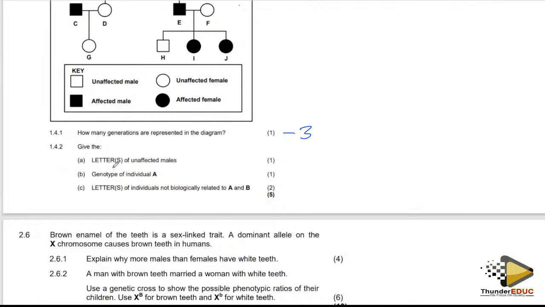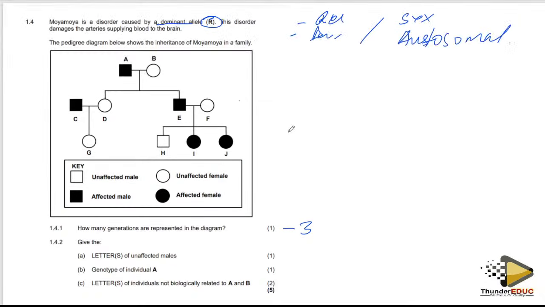Give the letter, sometimes letters, of an affected male. Now, sometimes we give you a key, which means you have to take note of it and know whether it is caused by a dominant allele or a recessive allele, but sometimes we don't give you a key to show that a male is affected or a female is not affected.